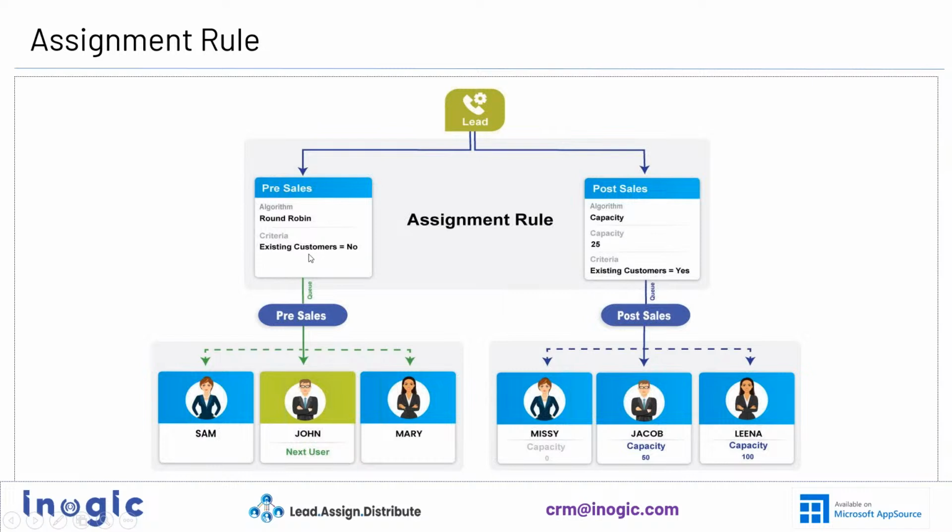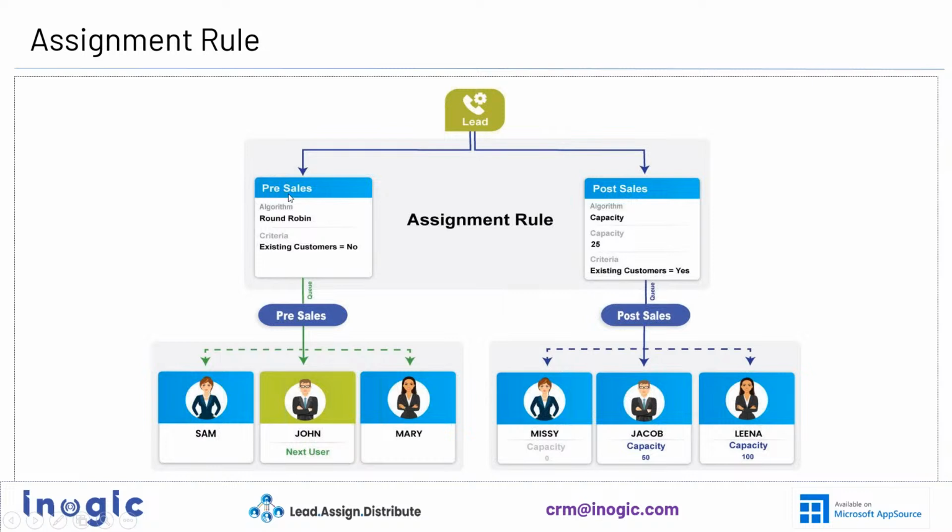So what exactly is this round robin algorithm? Let us say, for an example, a lead is being created where the prospect is not an existing customer. So definitely the criteria is satisfied. Yes. And the selection criteria of the pre-sales queue is, since it's satisfied, the lead will fall in the pre-sales queue.